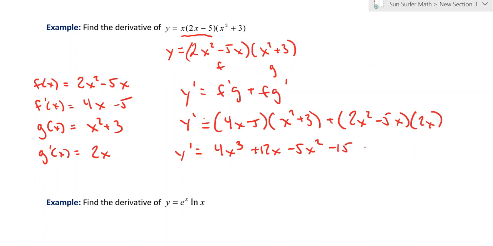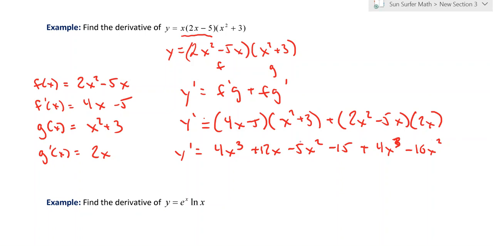Plus 2x times 2x squared is 4x cubed. Oops, this should be cubed, shouldn't it? Yep. 2x times minus 5x is minus 10x squared.